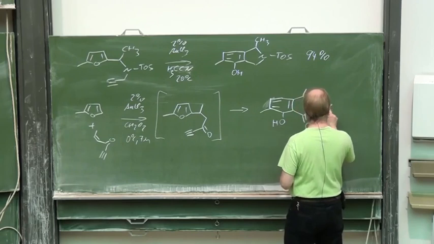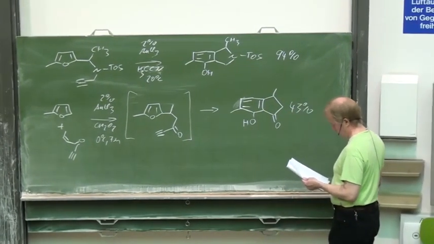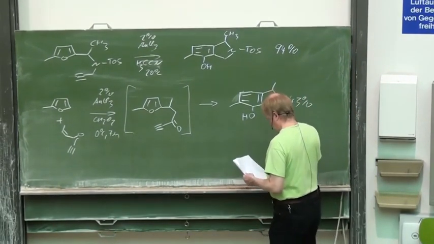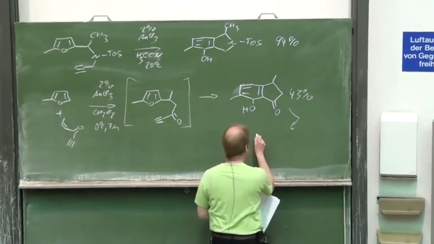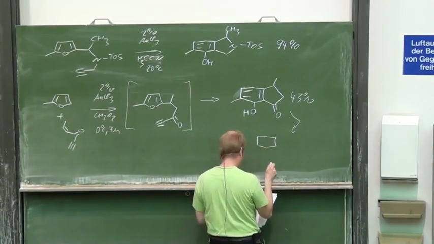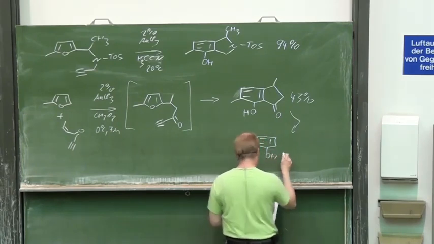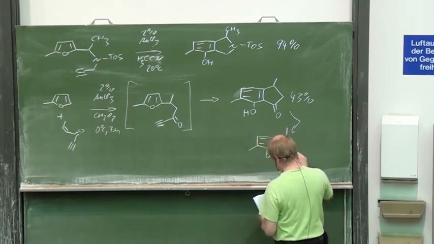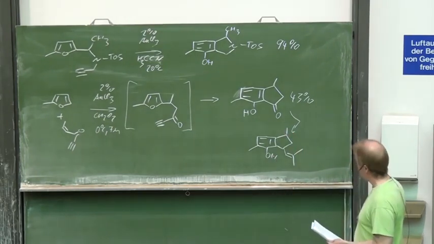Well, and indeed 43% yield was obtained, and there are only a few steps more until the natural product synthesis to such a terpenoid is finished.